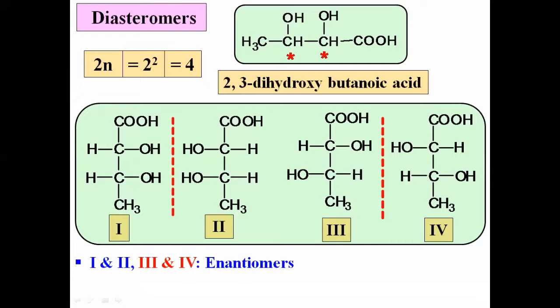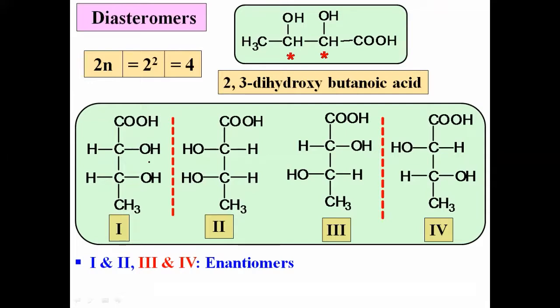Thus stereoisomers first and third are not mirror images of each other, and such stereoisomers are called diastereomers. Very simple concept: the stereoisomers which are not mirror images of each other are called diastereomers.